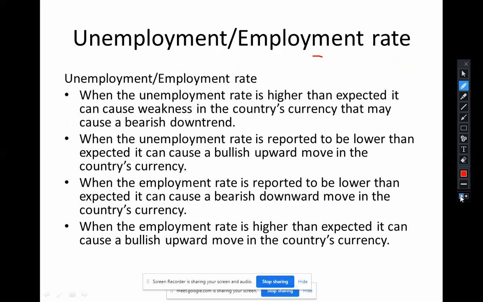It might last for a minute, it might last for a year. Sorry, yes, some news do last for a year. It might last for a month, for hours, for a week, for days, and at times it might just last within a second. Okay, so that is that on unemployment rate.